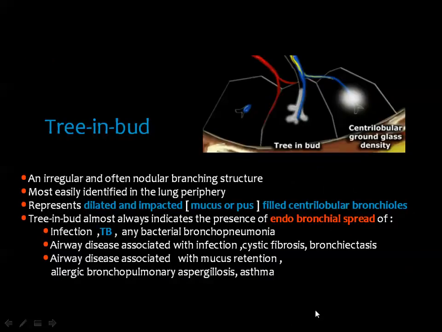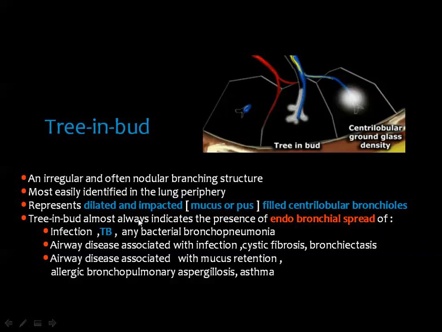One of the appearances of the centrilobular nodules is what is known as tree in bud appearance, which means that there is mucus or pus impaction in the respiratory bronchioles or in the centrilobular bronchioles. The impacted mucus or pus within the bronchiole will give the typical appearance of the tree in bud.